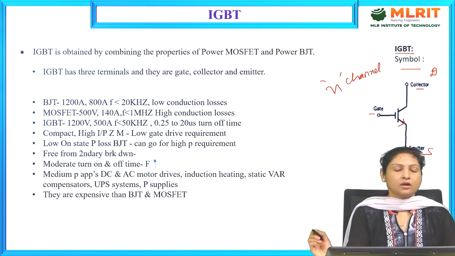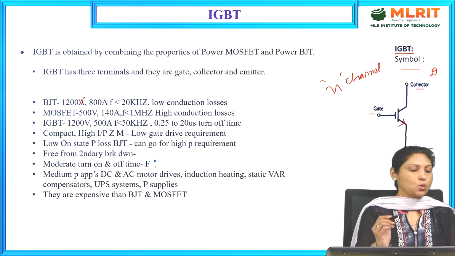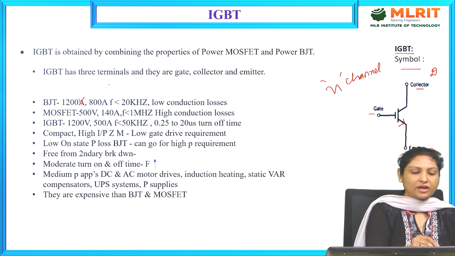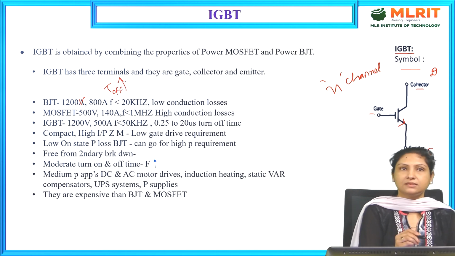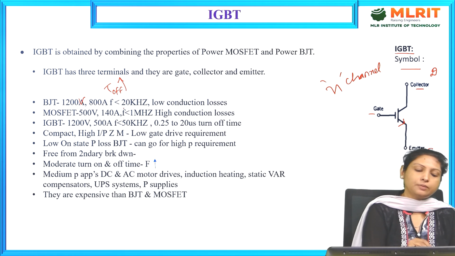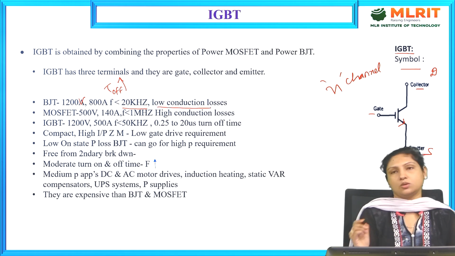And here, if you see, the voltage rating of BJT is 1200 volts, 800 amperes. The turn-off time of BJT is more. So that is the reason BJT is used in low frequency applications, up to 20 kilohertz. The advantage associated with the BJT is that it has low conduction losses.